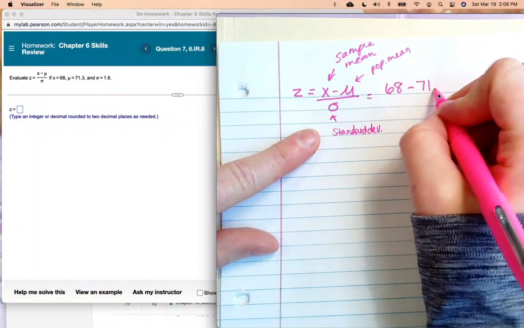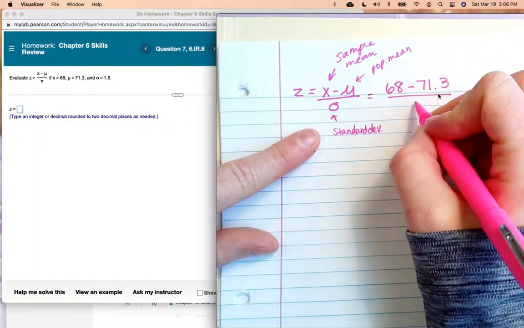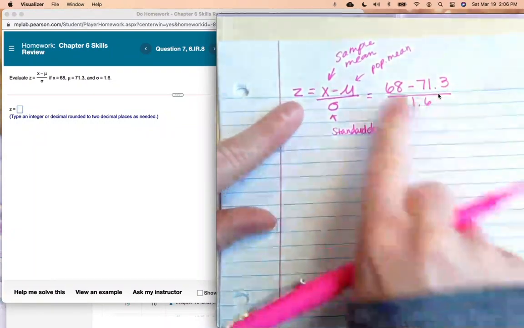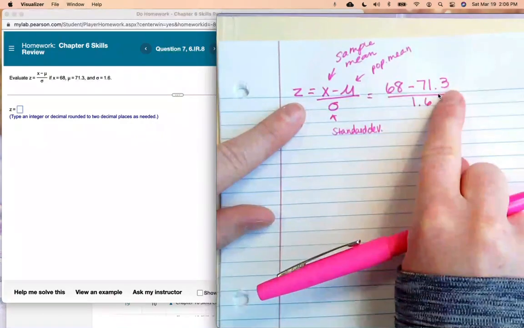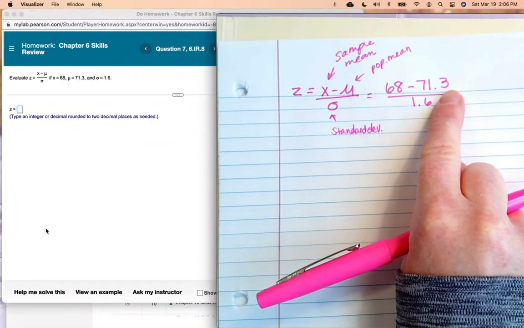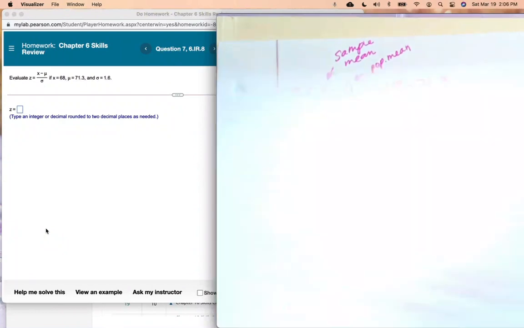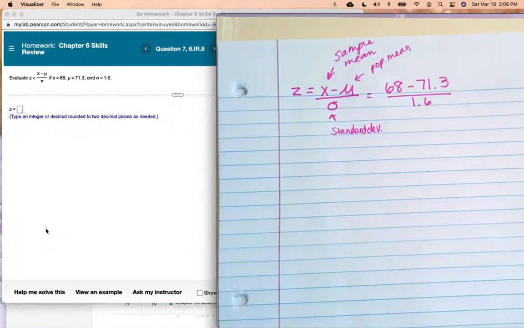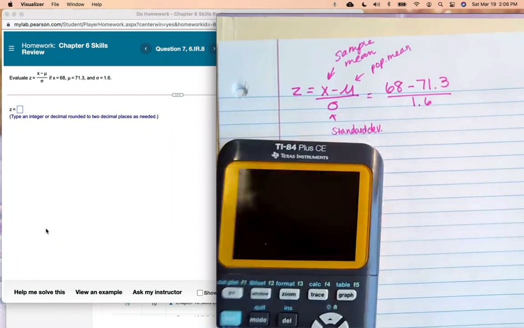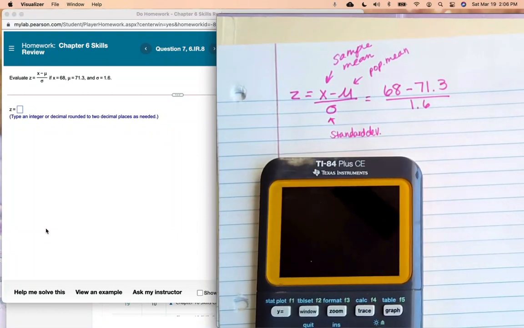Minus 71.3 over 1.6. Our sample mean is below our population mean, so we're going to find out how much lower, and then divide by our standard deviation to find out how many standard deviations below it is.